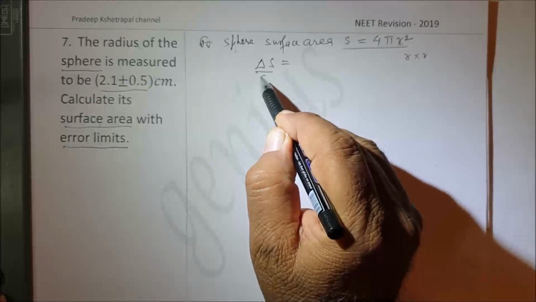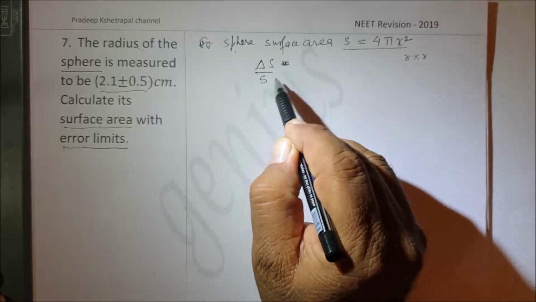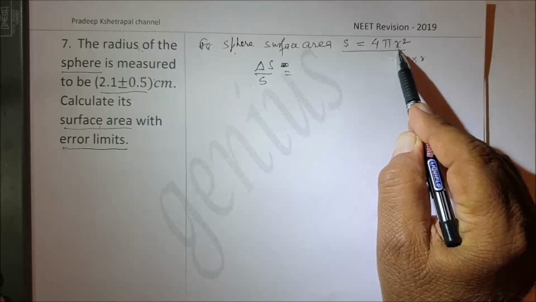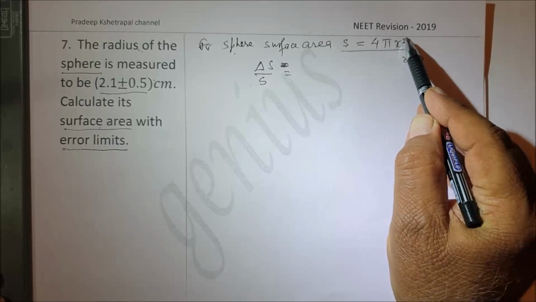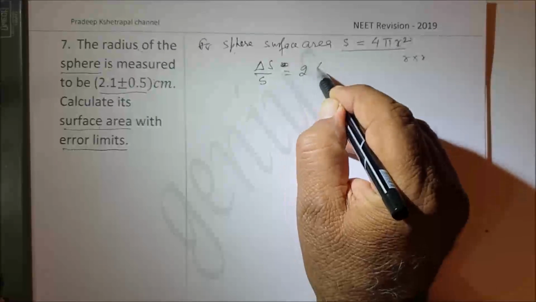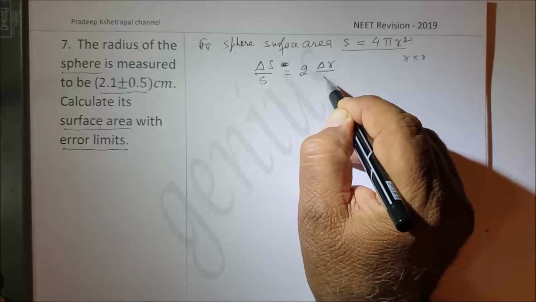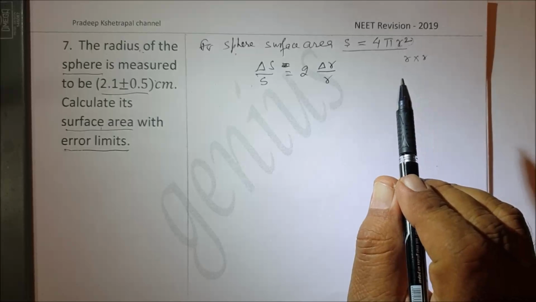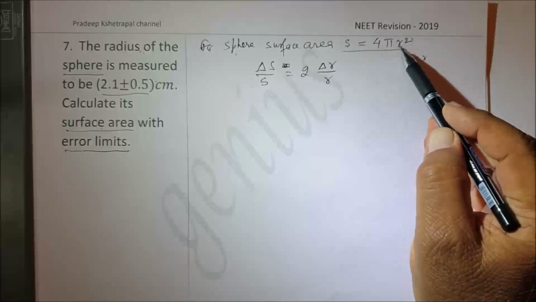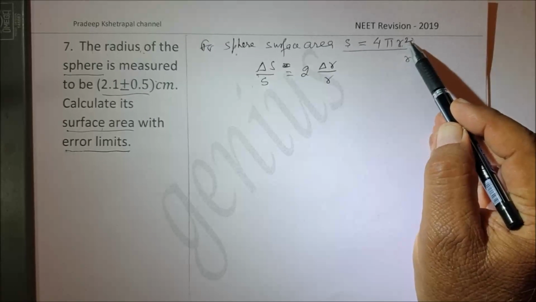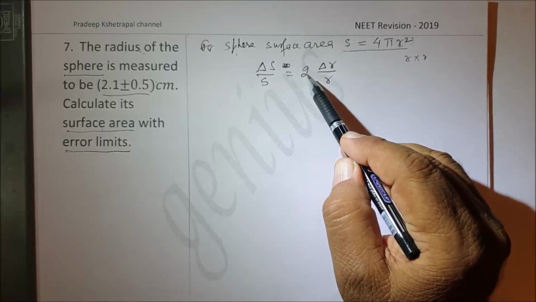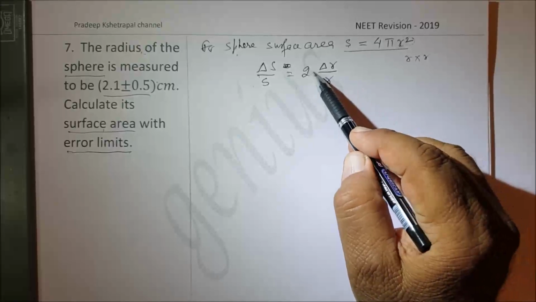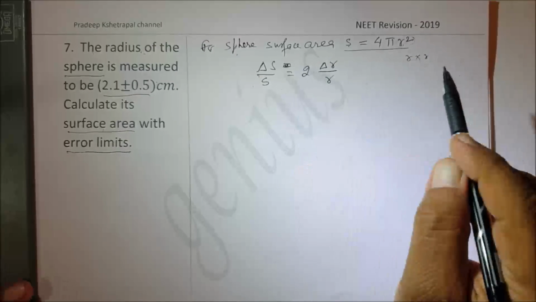We get the relative error in surface area equal to the relative error in r, but how many times? 2 times. So we get 2 delta r by r, the relative error. We also remember this formula, that if a quantity has a certain power, that power will come in front and the relative error is to be multiplied with it. So it is the same thing.